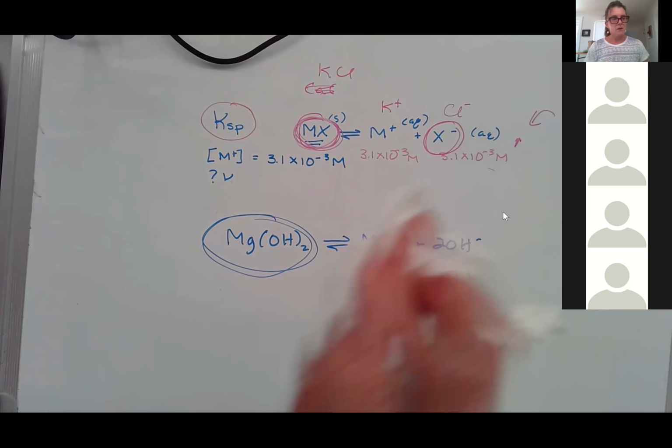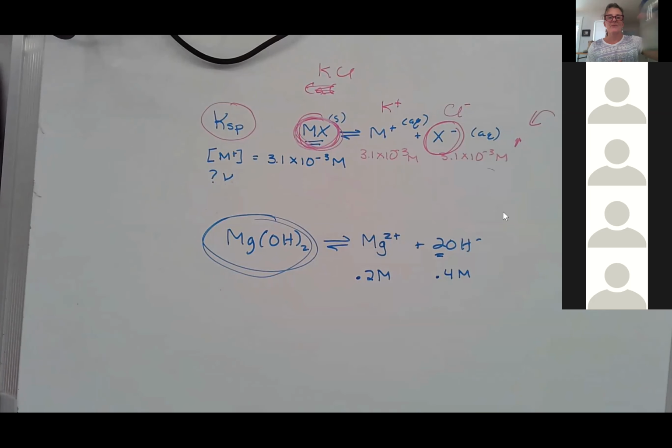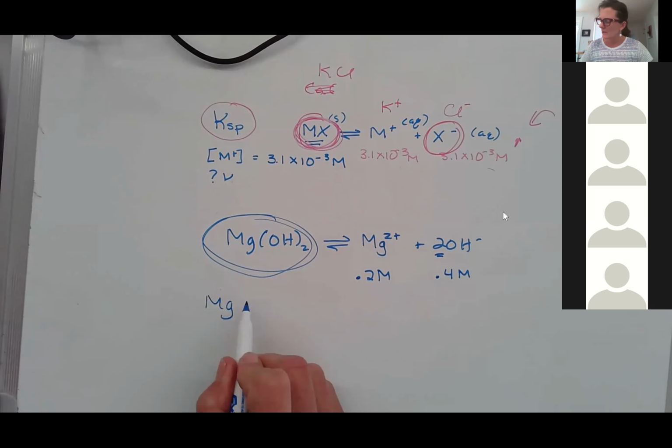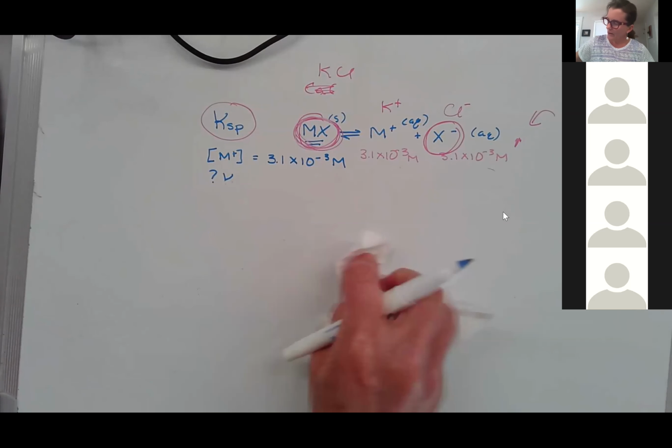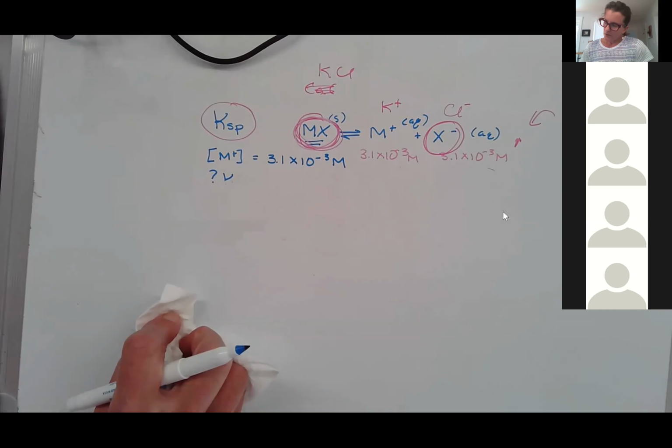Then, this type of problem, that Ksp. If you had 2 reactants, it would be the 2 products over the 2 reactants, correct? And if one of them was a solid, that would not be there.